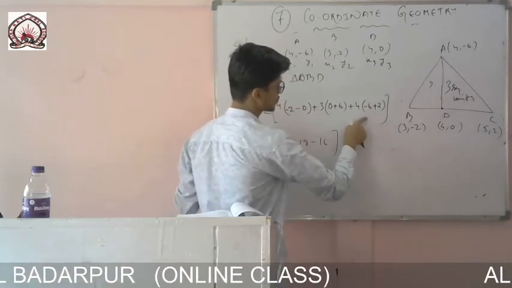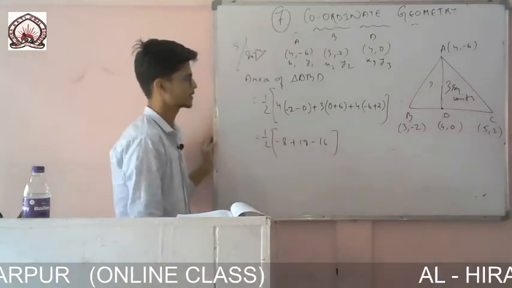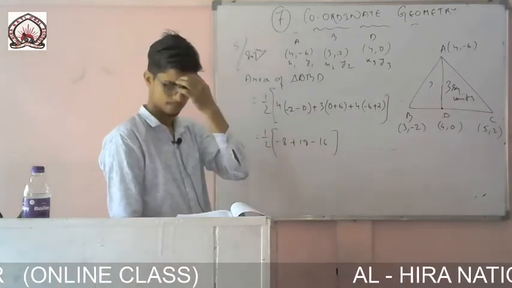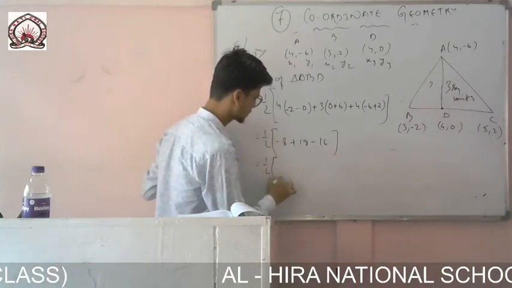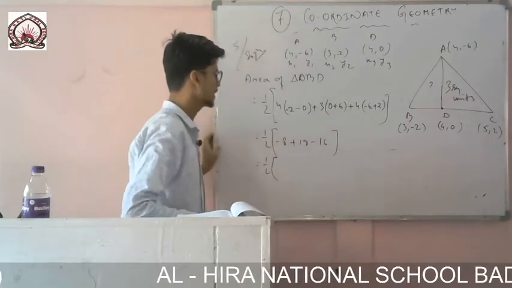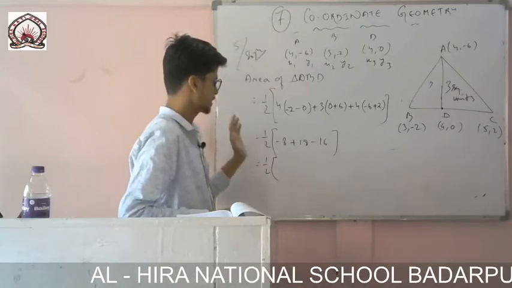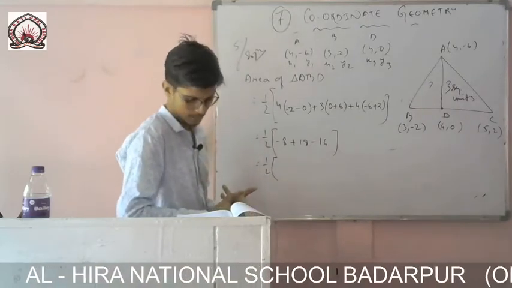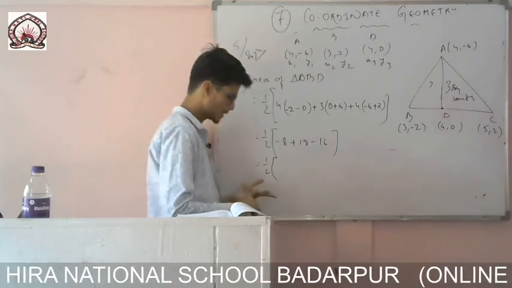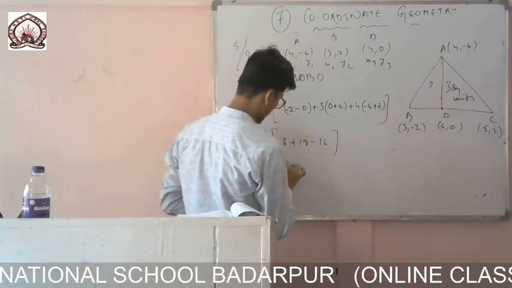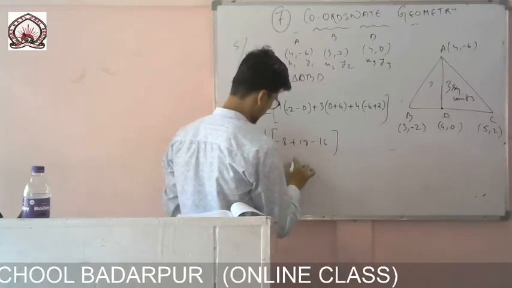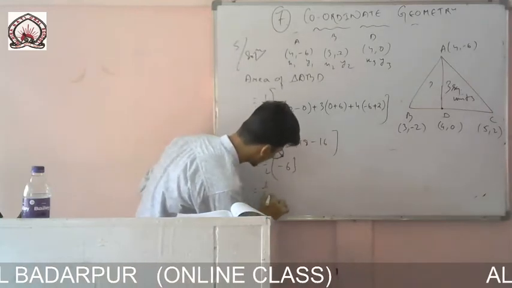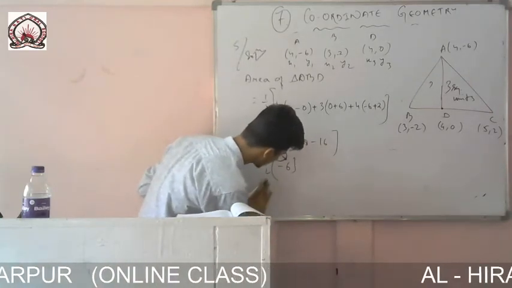Now if I solve it, minus 16 and 8, it becomes 24, and 8, 18 (19, 20, 21, 22, 23, 24), that is coming minus 6.